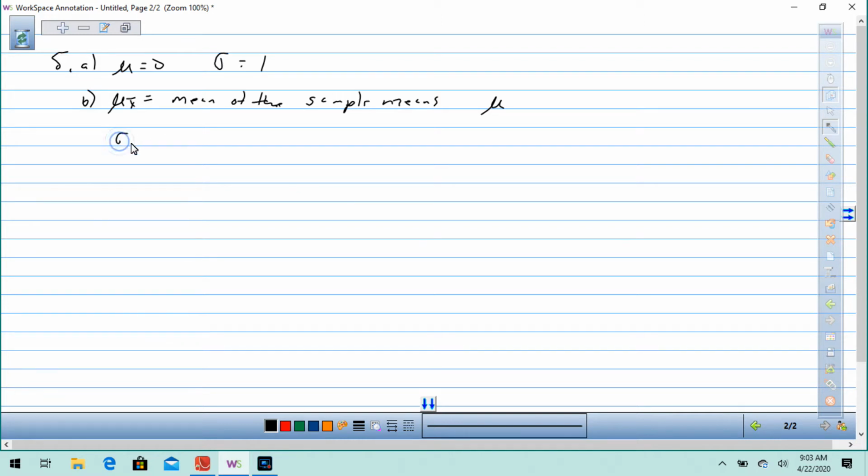And sigma x bar is the standard deviation of the sample.